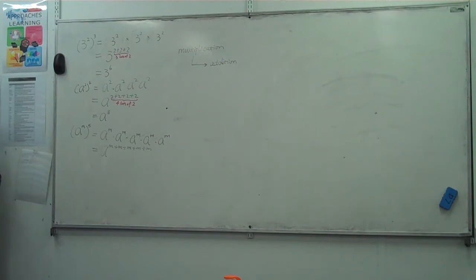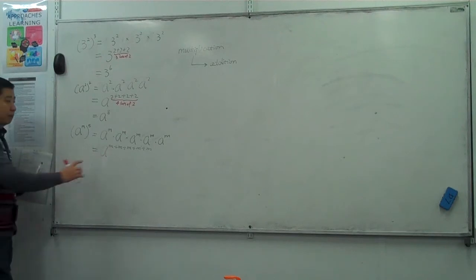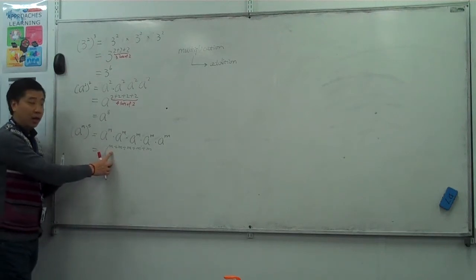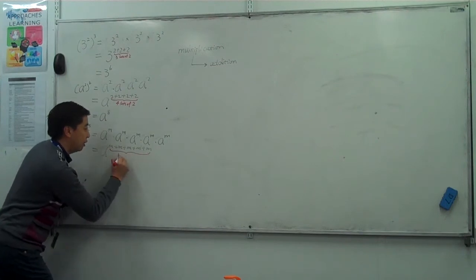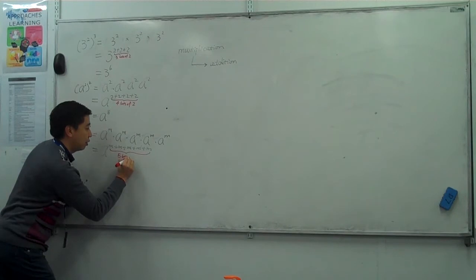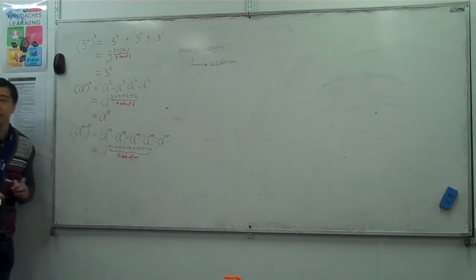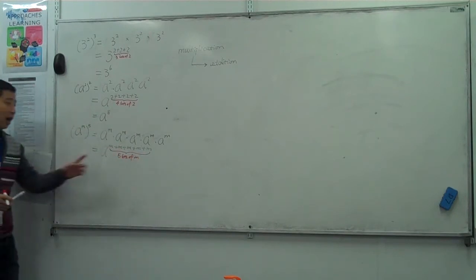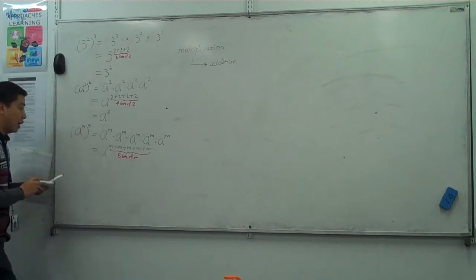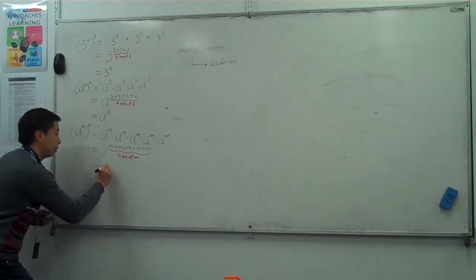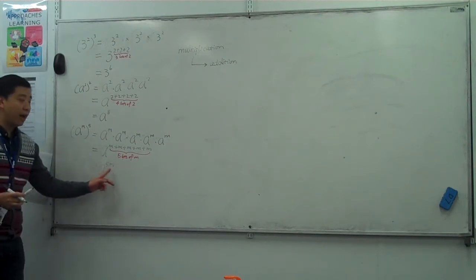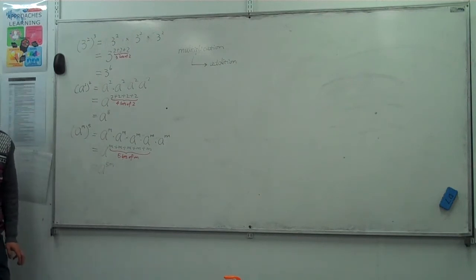You guys please listen carefully. Now you have 5 lots of m. If I have 5 lots of m, that is a to the power of 5m. Because 5m means 5 lots of m.